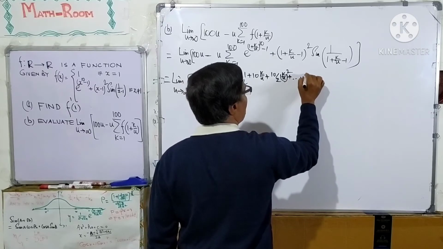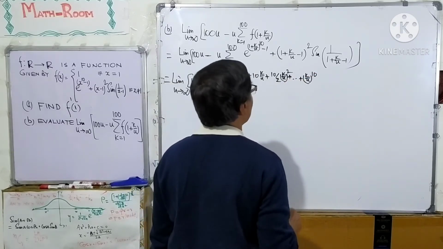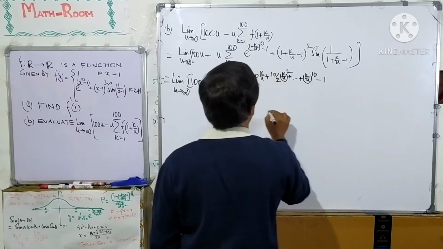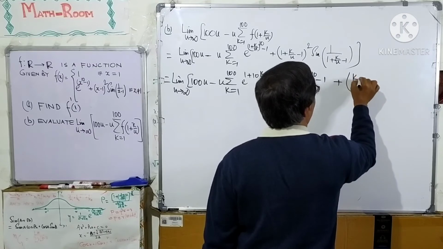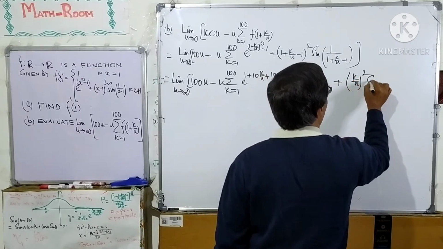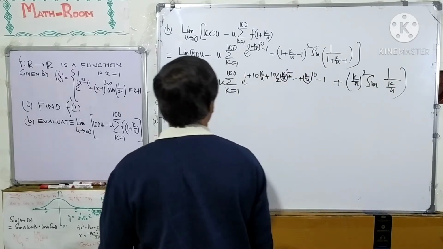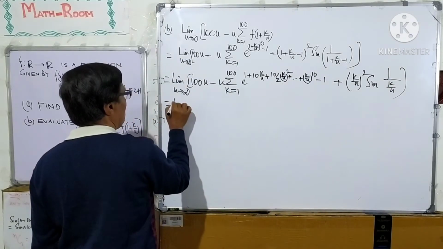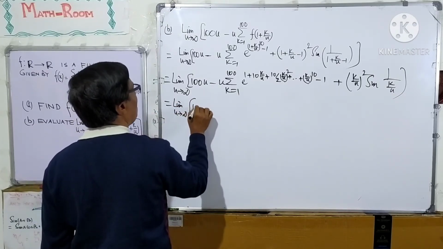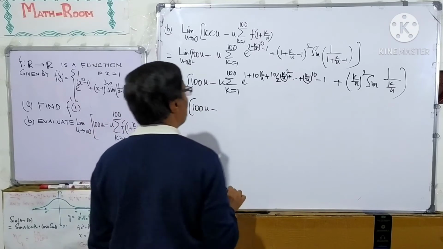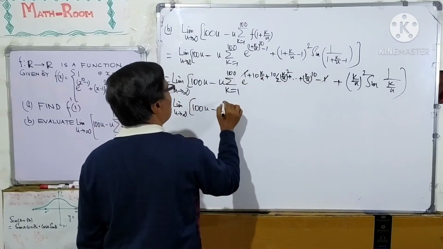The last term is (k over u) to the power 10. This is minus 1, plus (k over u) square sin of 1 over k over u. Now, in the limit, the 100u minus this cancels out.